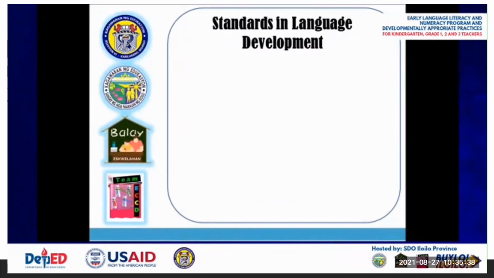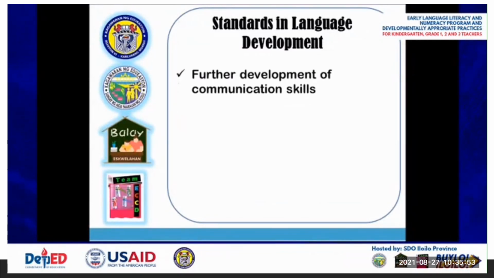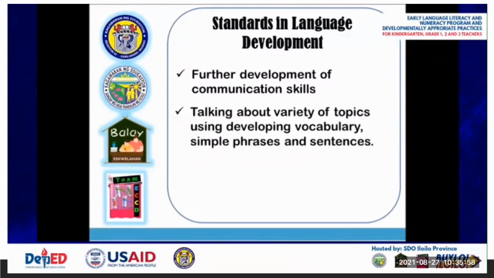In this level, the learner's language development is expected. What are the grade level standards in language development for grade 2? First, further development of communication skills. Second, talking about variety of topics using developing vocabulary, simple phrases, and sentences.